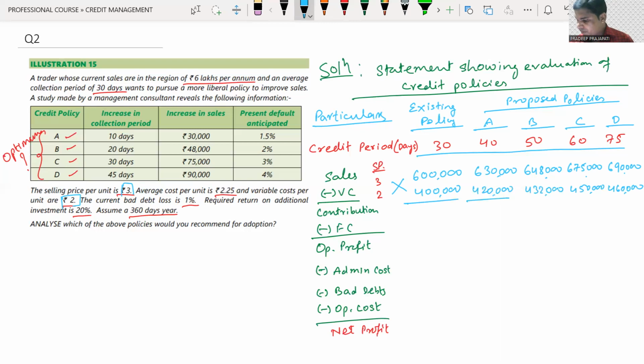Deduct this variable cost from sales, you will get contribution. So in the first case it is 2 lakh. Second case it is 2,10,000. Here 648 minus 432.